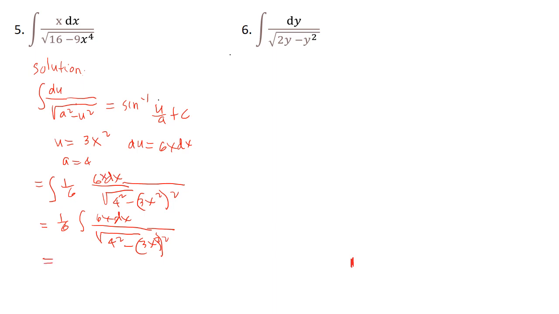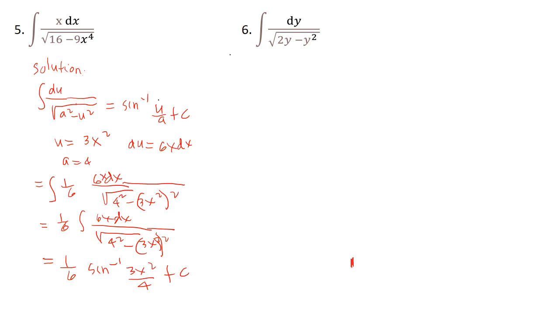So simply equals 1 over 6 arc sine 3x squared over 4 plus c.